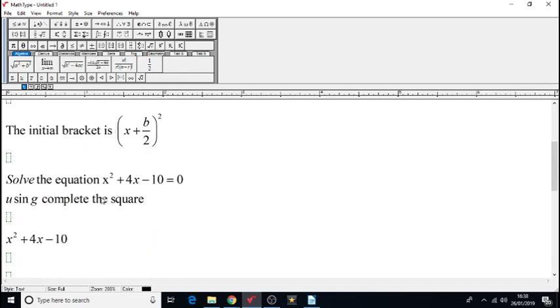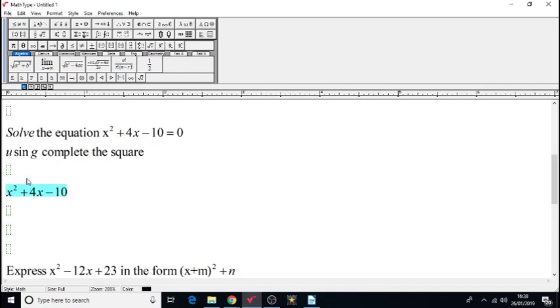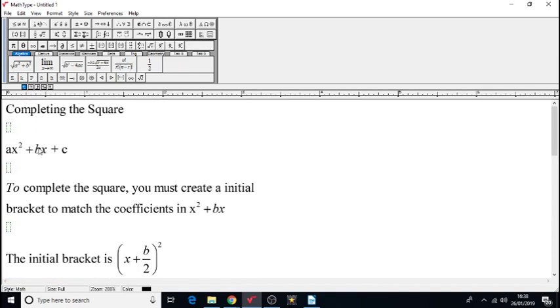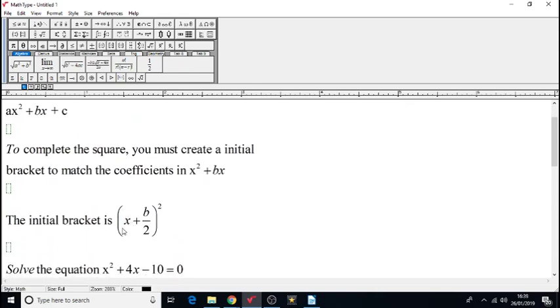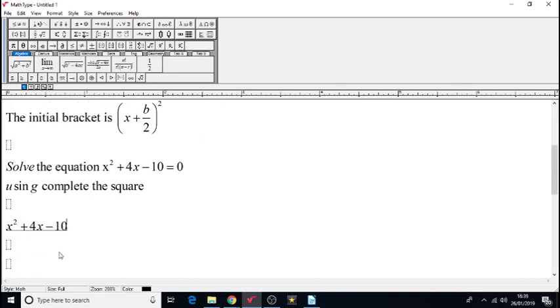Solve the equation x squared plus 4x minus 10 equals 0 using complete the square. So first, rewrite the question. So x squared plus 4x minus 10. See how it's written in the form of ax squared plus bx plus c. So for us to decide what x squared plus bx is and what x plus b over 2 is going to be, we need to know what our a value, our b value, and our c value are.